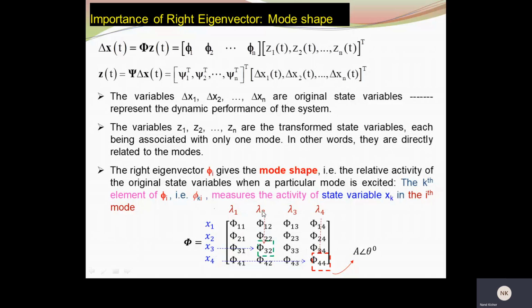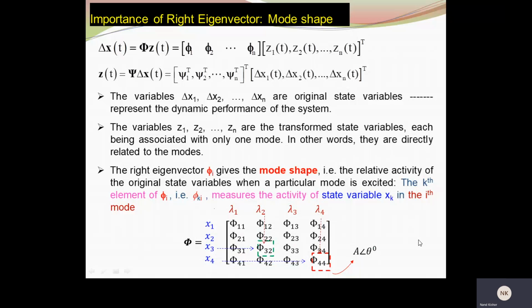So the right eigenvector gives you information about the activity of a particular state in a given mode. Similarly, phi 4 4 gives you the activity of state variable x4 in the mode lambda 4 here. These quantities are polar quantities, so they have an amplitude and are associated with a particular angle.